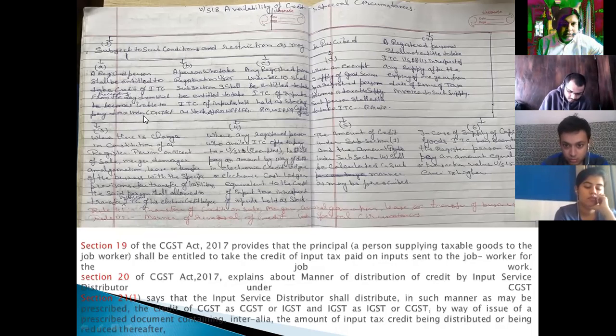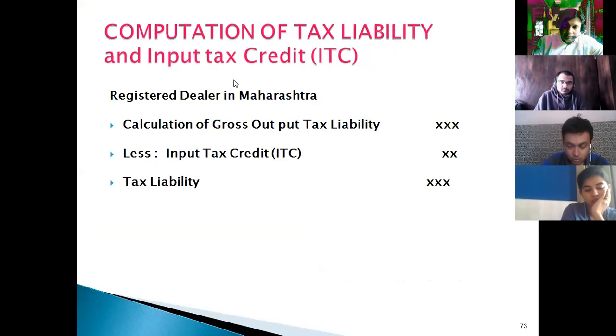Only then is he going to take the benefit, as I have said earlier in previous sections. Section 18 subsection 1 clause B: a person who takes registration under section 25. I'll tell you how section 25 works after three slides.